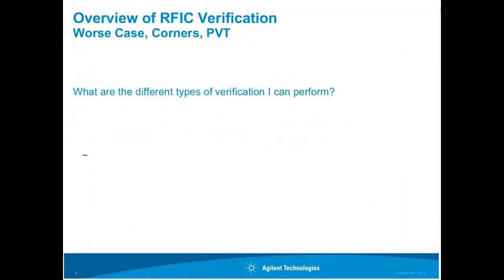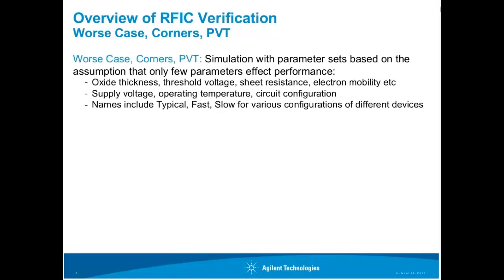So let's look at something in particular. Let's just dive down a little bit deeper into worst-case corners and PVT analysis, and let's just talk about what that is. So when you're doing worst-case and corner analysis and with process, voltage and temperature settings, you're really simulating with a parameter set that's based on the assumption that only a few parameters really affect the performance. These are things like oxide thickness, threshold voltage, sheet resistance, electron mobility, or supply voltage, operating temperature, circuit configuration.